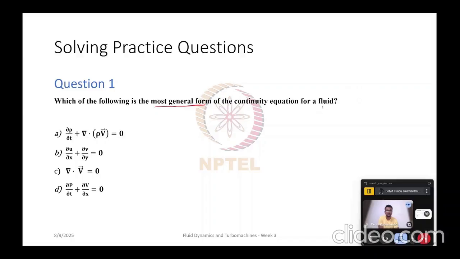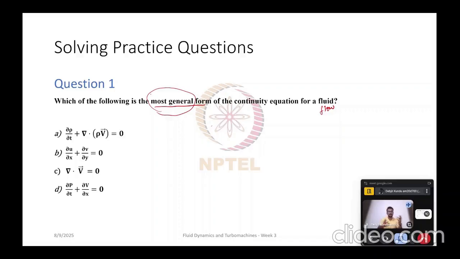Not just for a fluid, for a fluid flow. So, the key word over here is most general form.